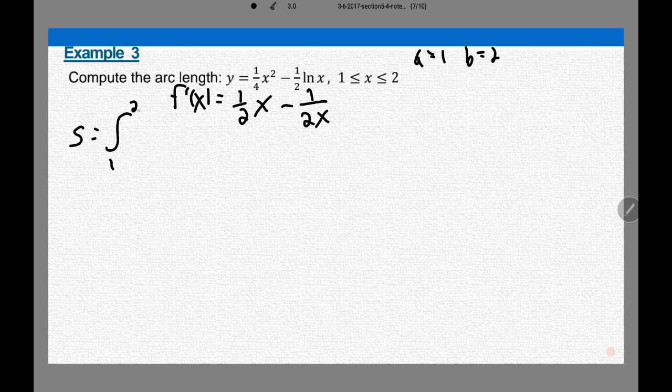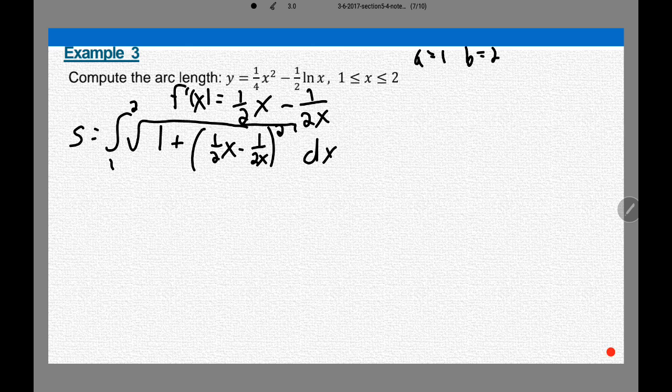So I'm going from 1 to 2, the square root of 1 plus, then I got all this stuff in here that's squared. Alright, so we got to square this, then we got to add 1, and then I'll show you what comes after that.